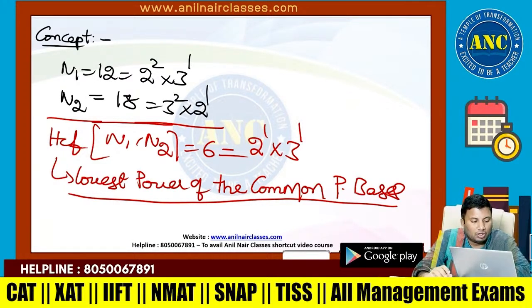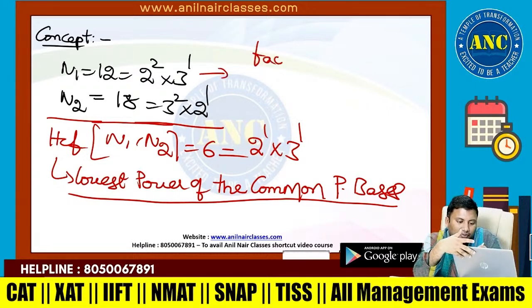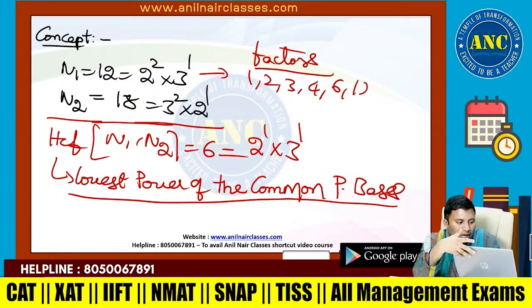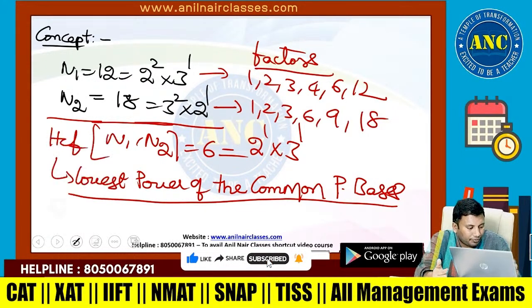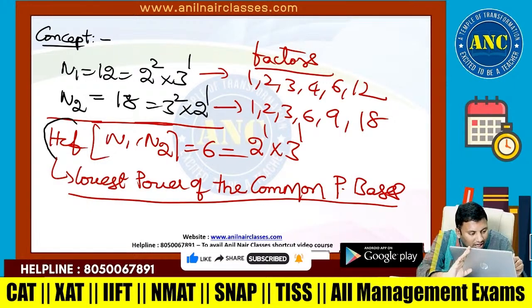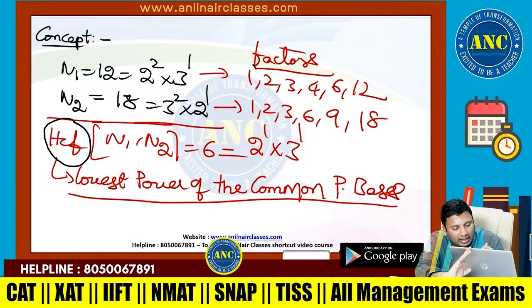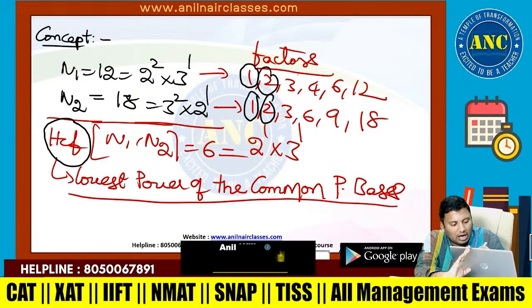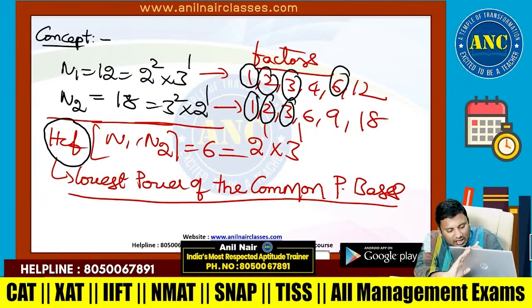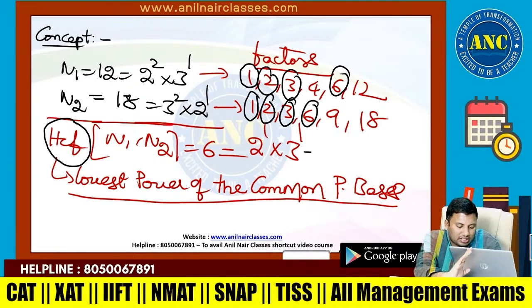Factors common to n1 and n2. Now see here. Good question, Mahesh. What are the factors of 12? 1, 2, 3, 4, 6, 12. What are the factors of 18? 1, 2, 3, 6, 9, 18. Now, what are the factors common to 12 and 18? 1 is common, 2 is common, 3 is common, 6 is common. 1, 2, 3 and 6 are nothing but the factors of 6, Mahesh.